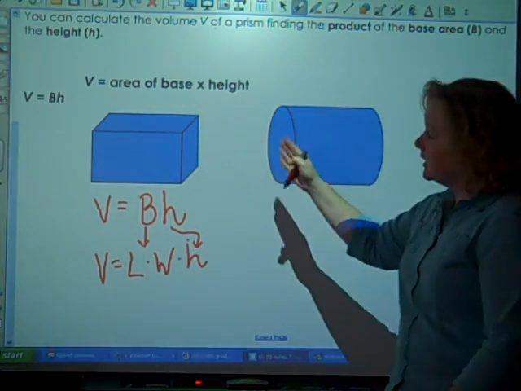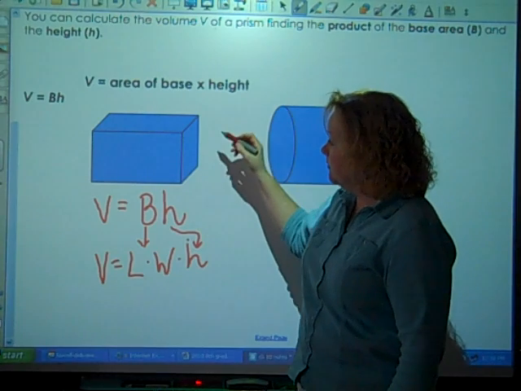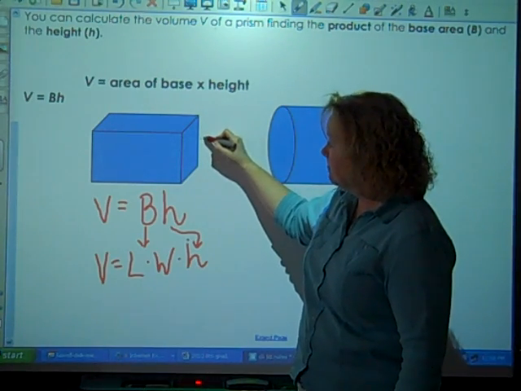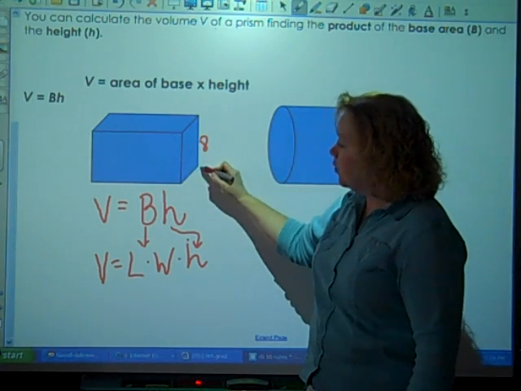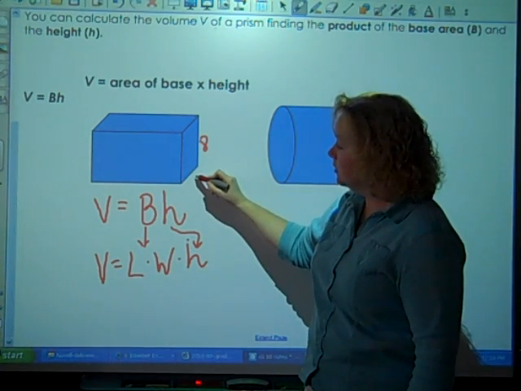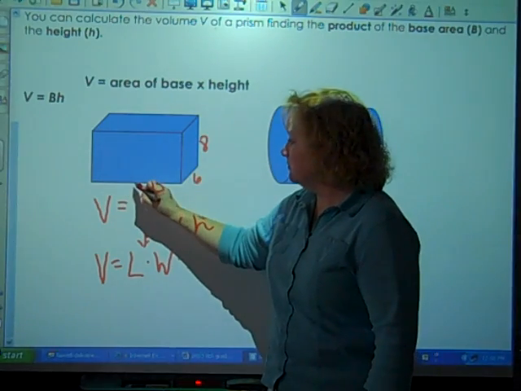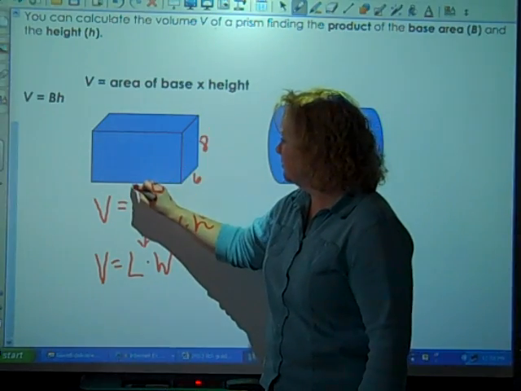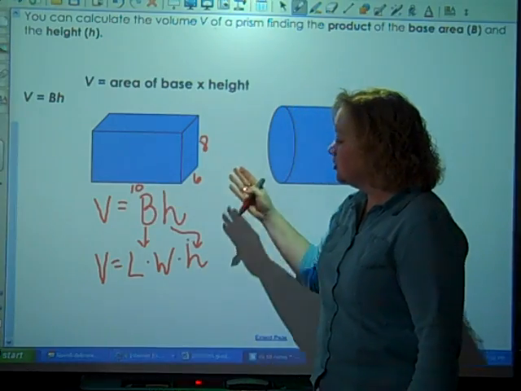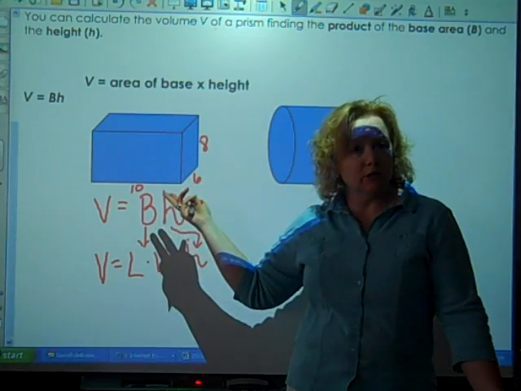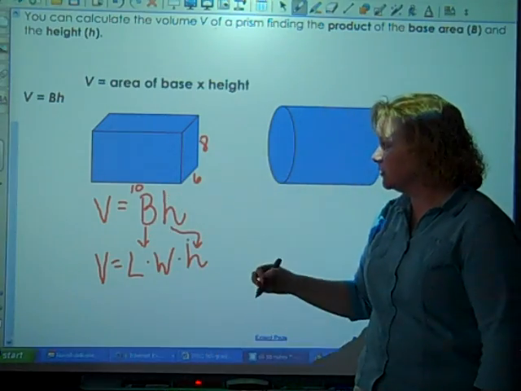Now let's make some numbers up here. Let's say that the height is 8. Let's say that the width of this rectangular prism is 6. And how about 9? Let's go 10, a little bit bigger than that. This is the one that you love to see, because these are super easy, since I'm just multiplying my numbers together.